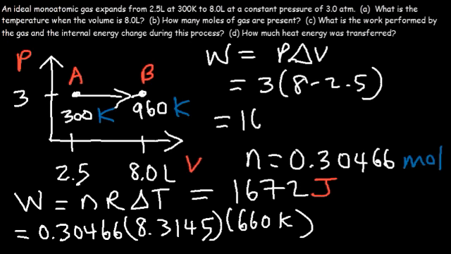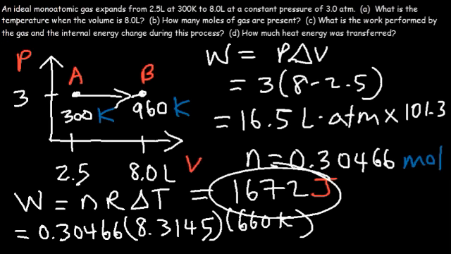That's equal to 16.5 liters times atm. Now, you need to convert this to joules. So we need to multiply by 101.3 joules per liter per atm. And if you do that, you should get approximately around 1671 joules, which is pretty close to this answer. By the way, keep in mind this answer is rounded.